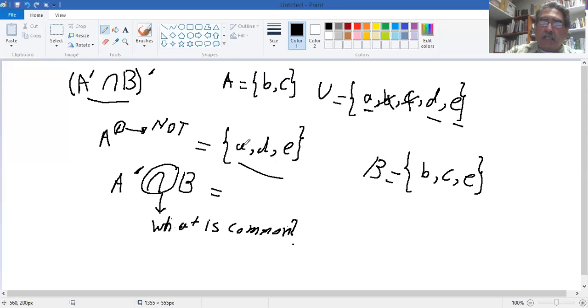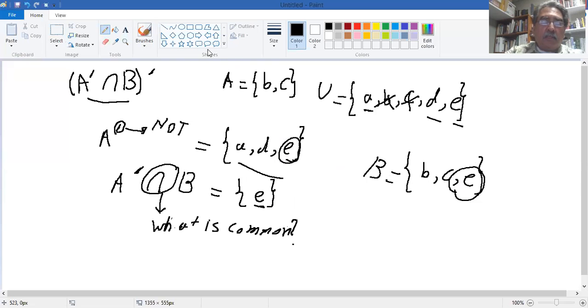This one has A, that one doesn't, so it's not there. This one has D, that doesn't, so it's not there. E is the only element common in both of them. So the intersection of A naught and B is the set consisting of only one element, E.